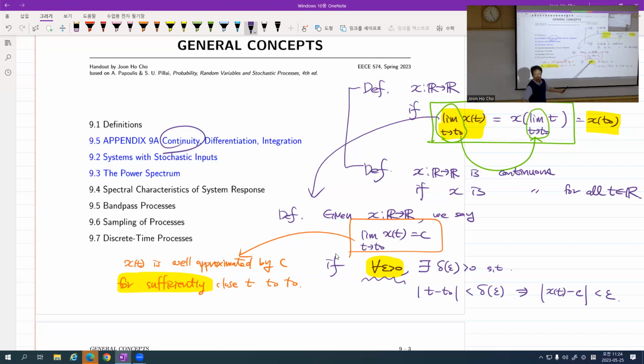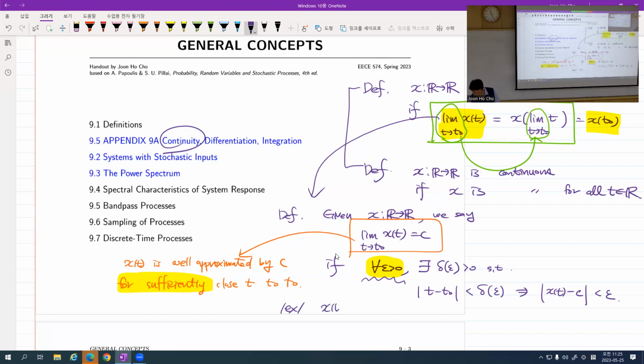Okay, anyway, so this is the definition of the limit of x of t when t tends to t0. Question. Given a function x and given some t0, this limit always exists or not? And you already know, right? You already know from the example of your high school math.